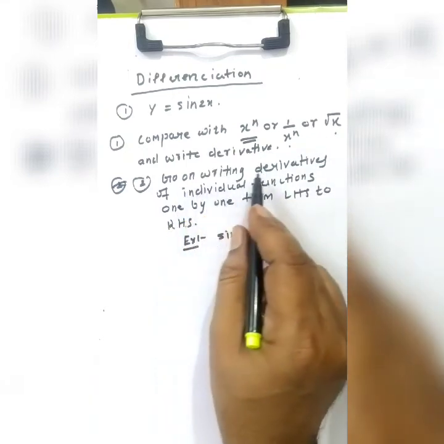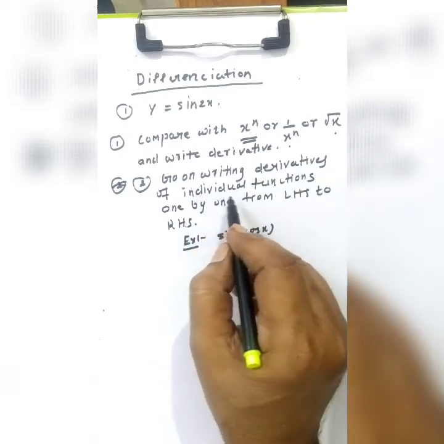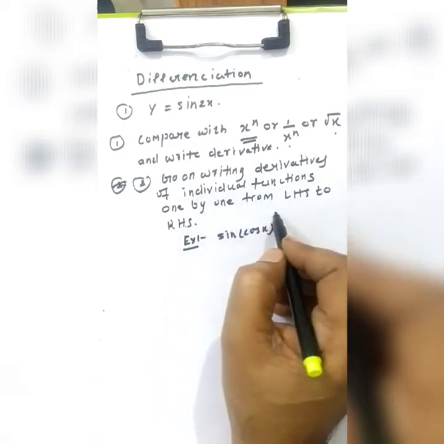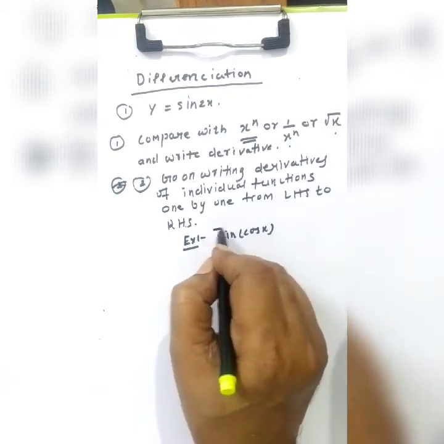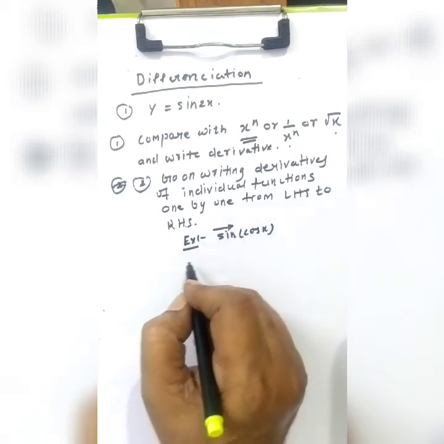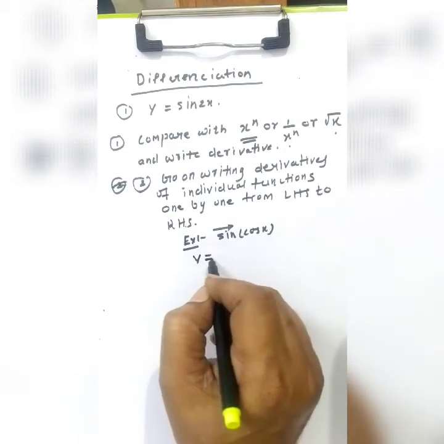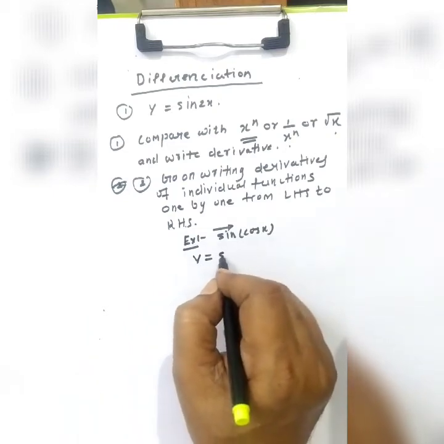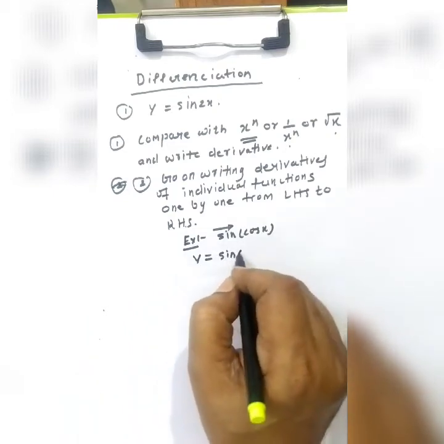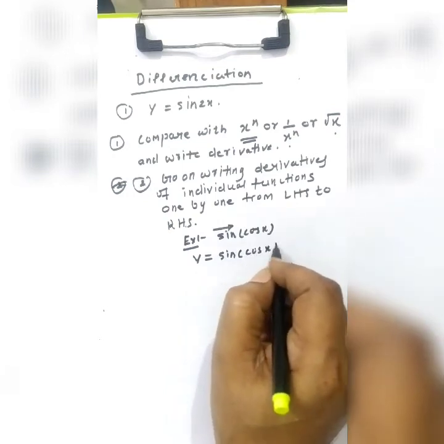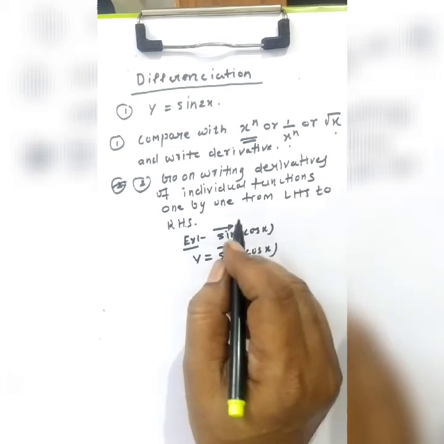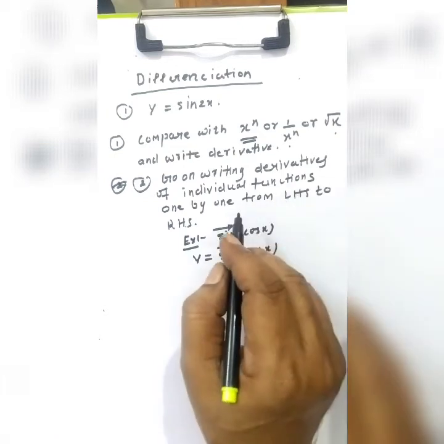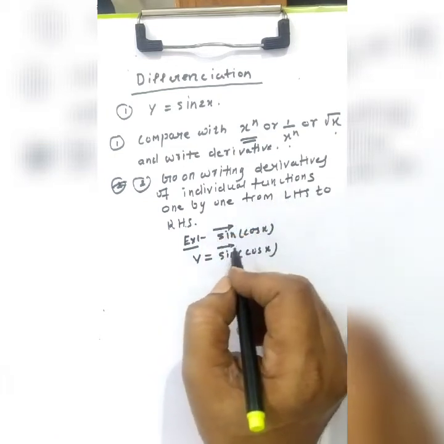Then second step is go on writing derivative of individual functions one by one from LHS to RHS. So you have to start from here. What is your first function? Sine. So I will write here, given function is y equals sine of cos x. Your first function is sine. So go on writing derivative of individual functions one by one from LHS to RHS.